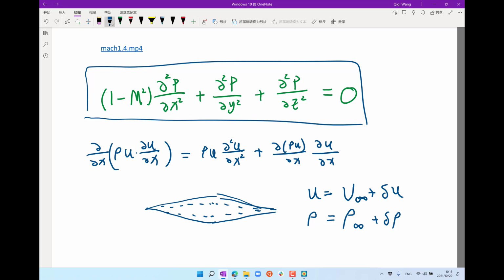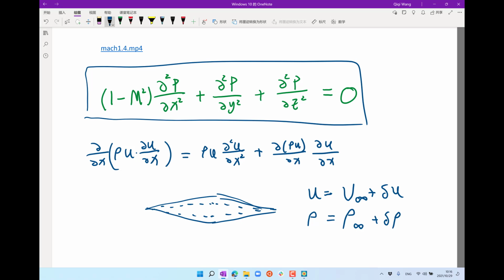When you have a subsonic or elliptic PDE, any perturbation, think about you change the geometry of the airplane, that's a perturbation to the differential equation. The solution responds to the perturbation in an infinite way, in the sense that the entire flow field would change, albeit slightly when the flow field is very far away from the perturbation, right?